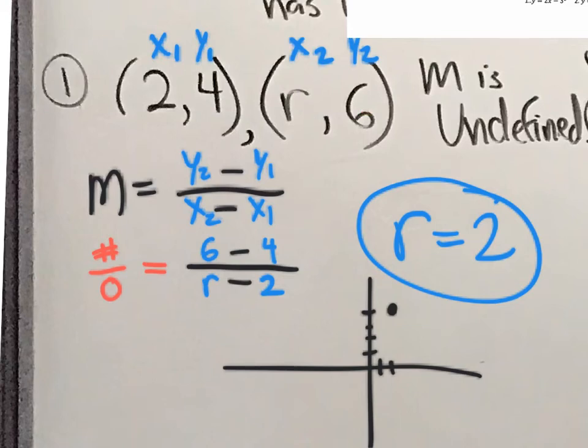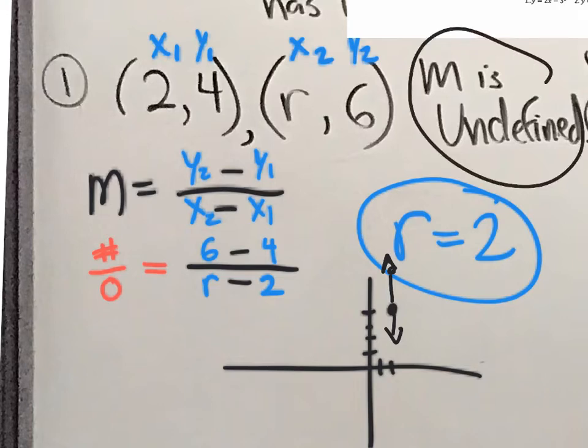So if I know that my slope is undefined, that means that it's perfectly up and down. It's so steep that you can't define it. So what must this value be? It must be 2. Because if the other one had 2, 4, then this one has to be 2, 6. If you did go to 2, 6, it would be up here, and that would give you the perfectly vertical line.